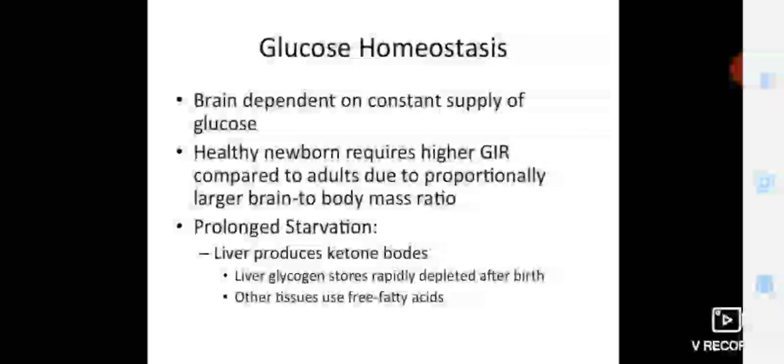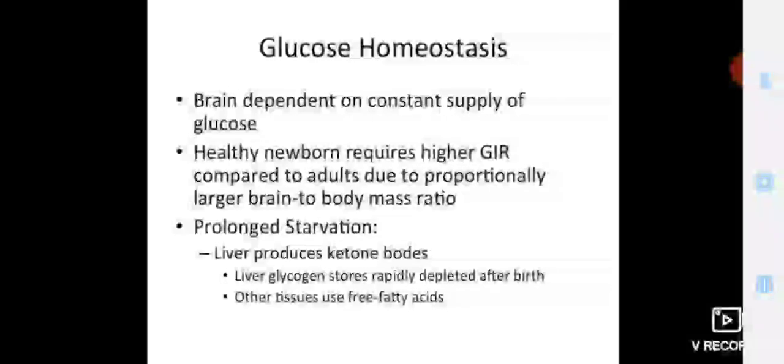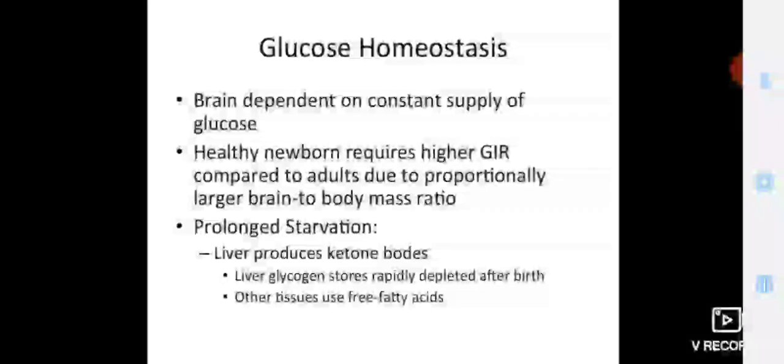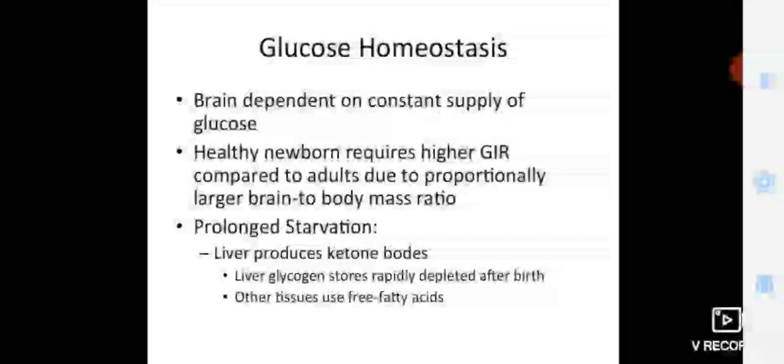The healthy newborn requires a higher GIR compared to adults due to a proportionally larger brain to body mass ratio. In a state of prolonged starvation, the liver plays an important role in homeostasis by producing ketone bodies, which the brain may use.